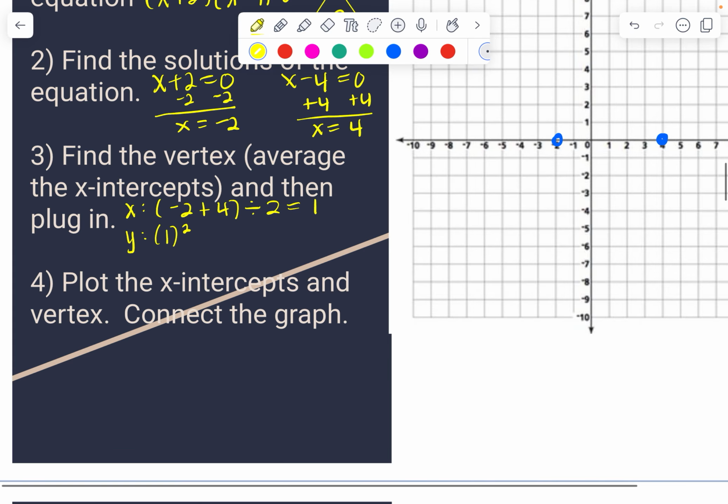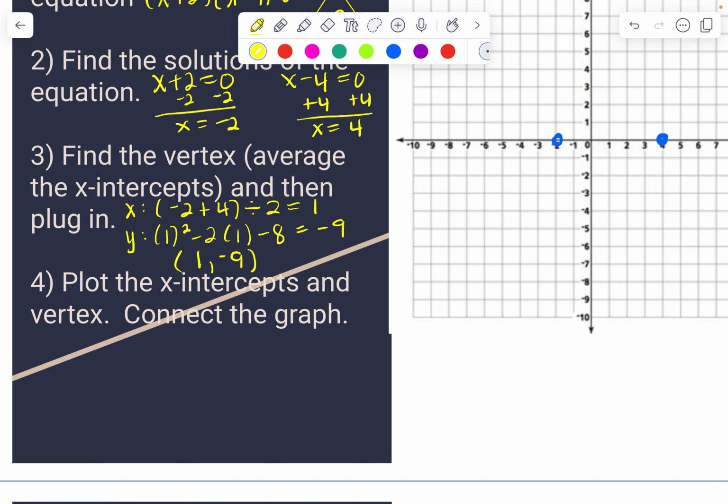Instead of minus 2x, minus 2 times 1, and then minus 8, and that gives me a negative 9. So this vertex is at 1, negative 9. So if I graph that, and then go ahead and connect my points. Don't forget to put arrows because it does go on forever in that direction.